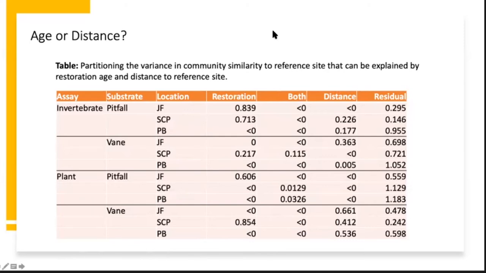And you can see in all the locations where we could see a clear relationship between the age of restoration and the similarity to reference site, the restoration age made up a lot more of the variance than distance. Distance was only a factor in those locations where there wasn't a relationship between age and similarity to reference.